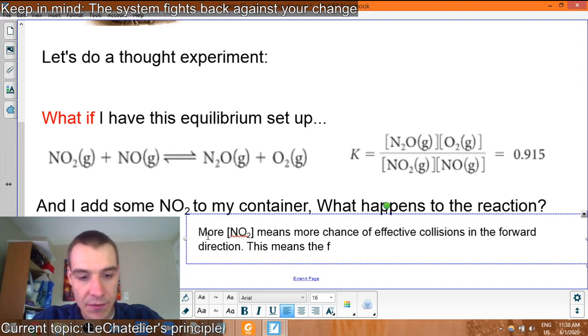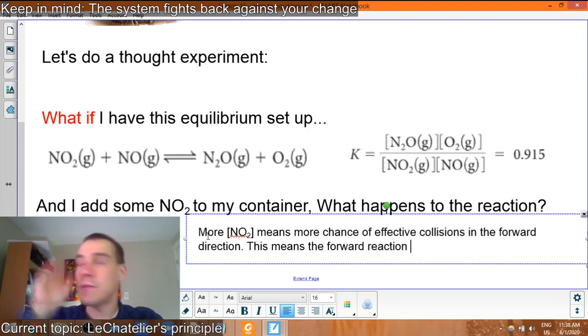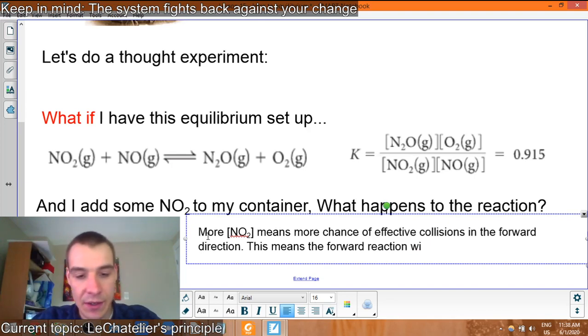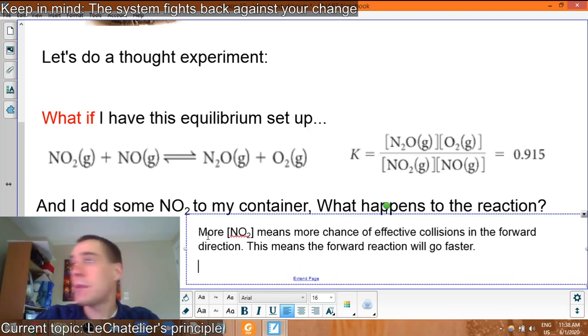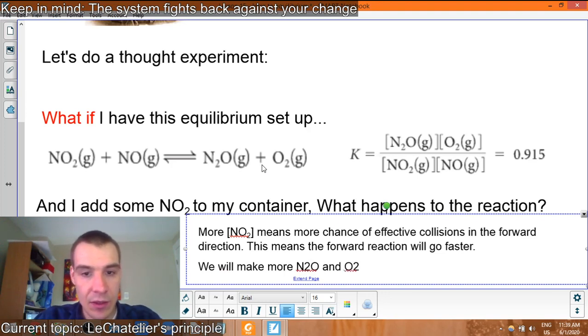This means the forward reaction will move faster. The forward reaction is NO2 plus NO becoming N2O plus O2, so we're going to make more N2O and O2.